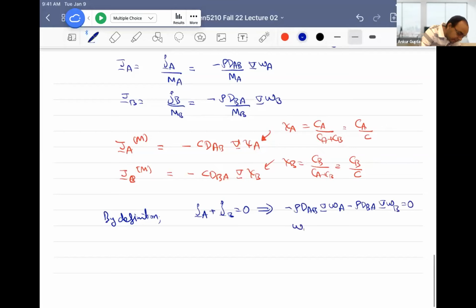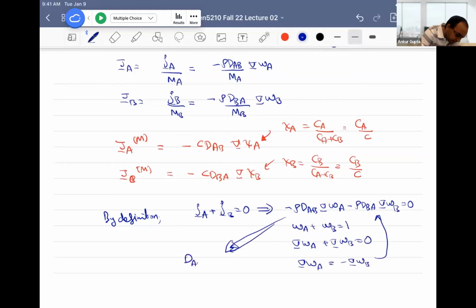And we know that gamma a plus gamma b is equal to 1. So grad gamma a plus grad gamma b, differentiating, would be 0, or grad gamma a is equal to minus grad gamma b. If you substitute this back here, you'll find that DAB is equal to DBA.